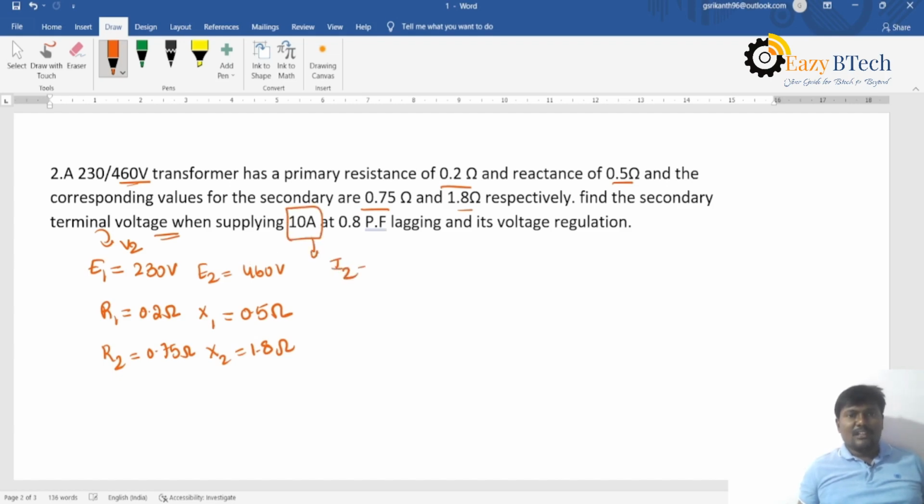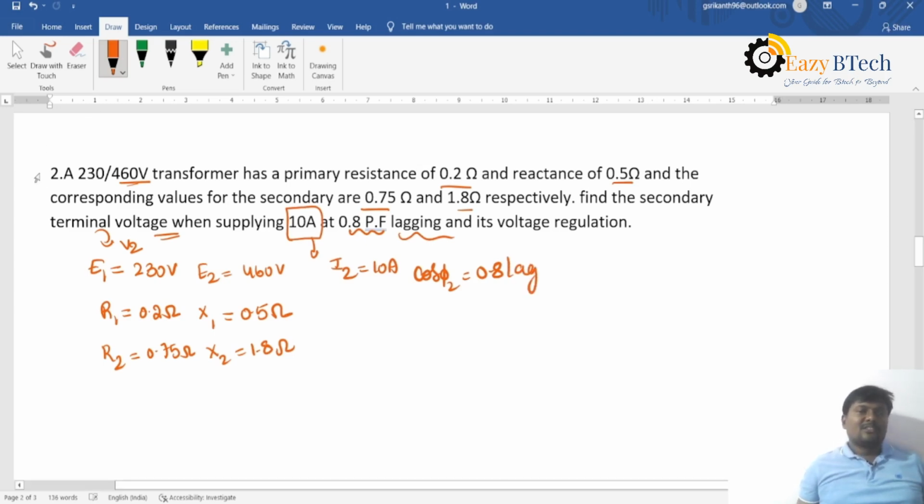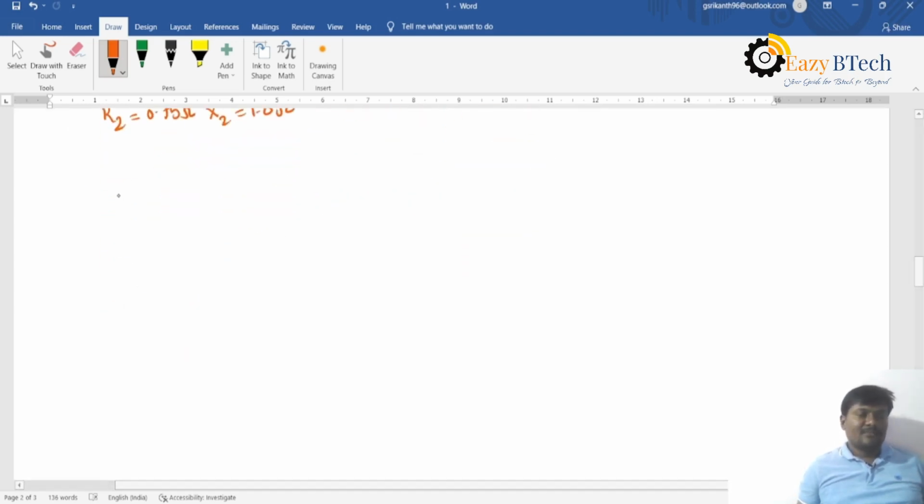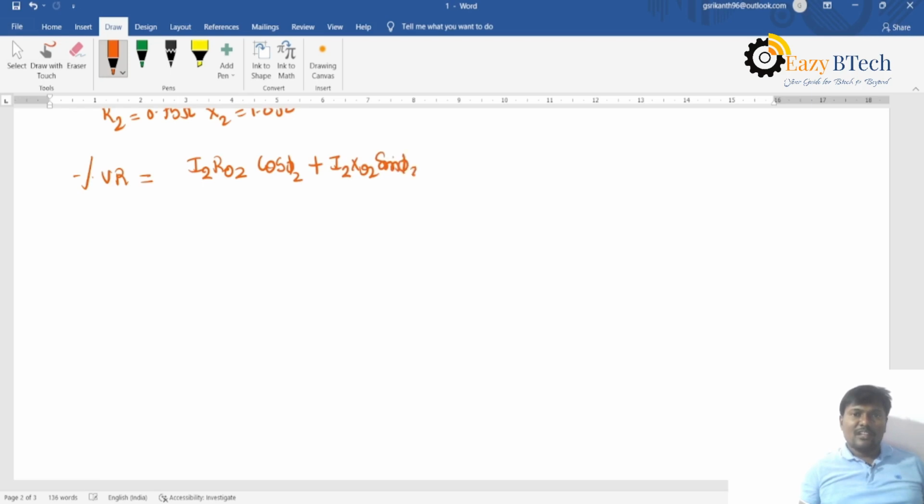It is asking V2 when supplying 10 amperes. That means the load current is 10 amperes at 0.8 power factor, so cos phi 2 is equal to 0.8, power factor lagging. So first of all, you should write the formula. Percentage voltage regulation for a lagging power factor is I2 R02 cos phi 2 plus I2 X02 sin phi 2 divided by E2.